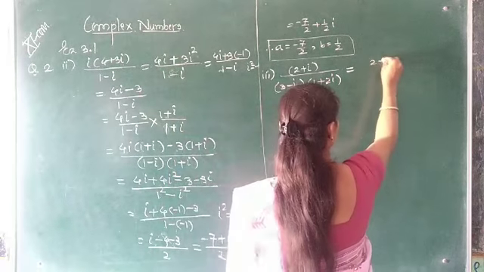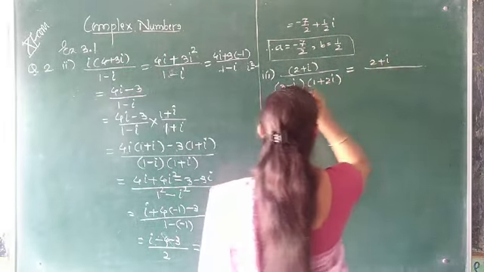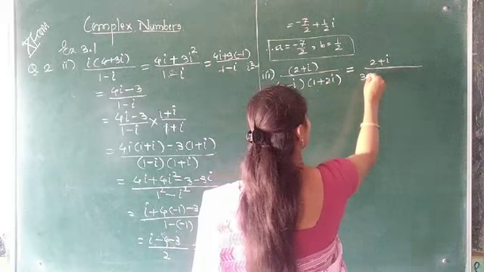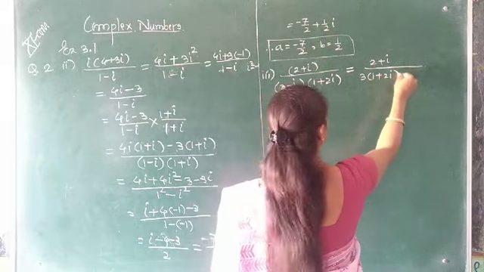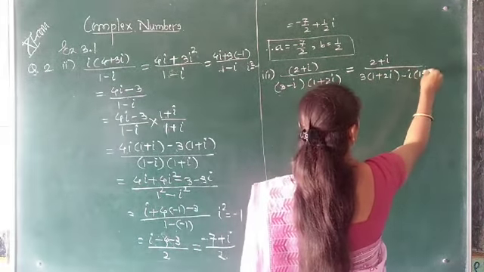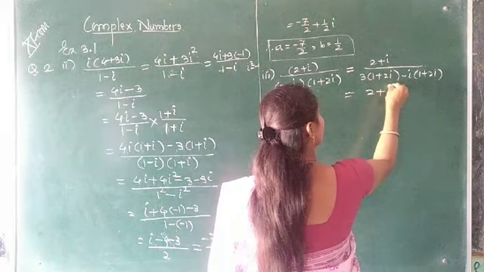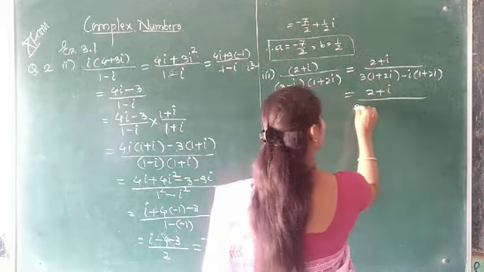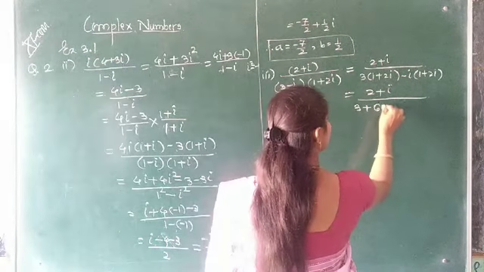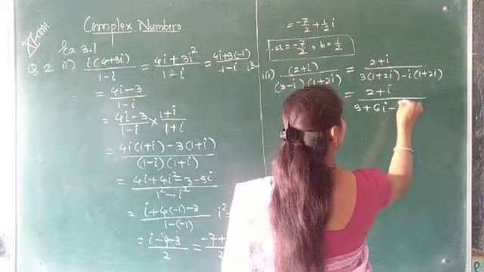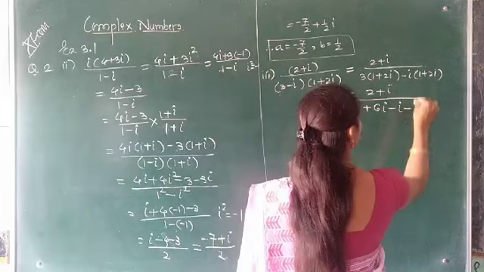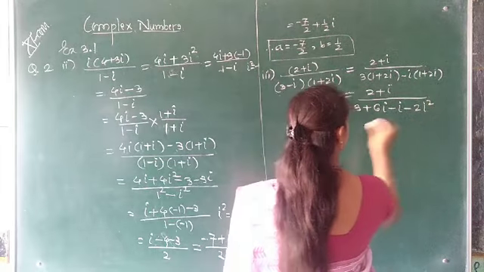So write 2 plus i upon 3 into 1 plus 2i minus i into 1 plus 2i, equals 2 plus i divided by 3 into 2i, 6i, minus 1 into i, minus i, minus into plus, minus 2i square.